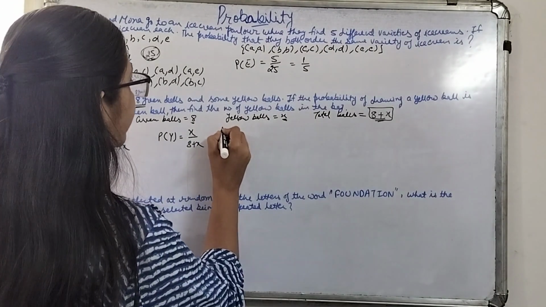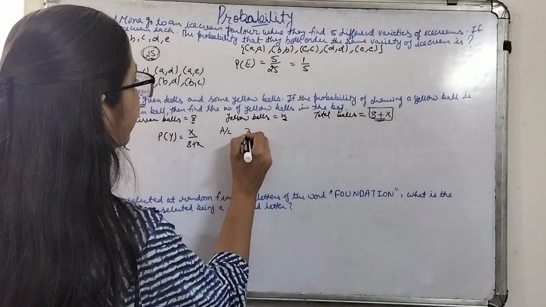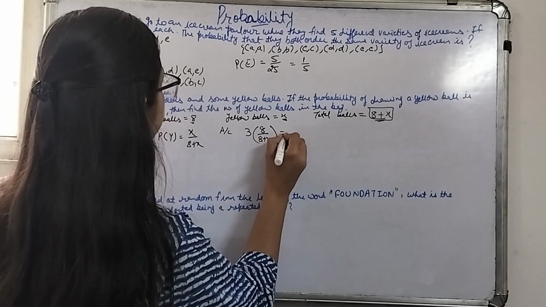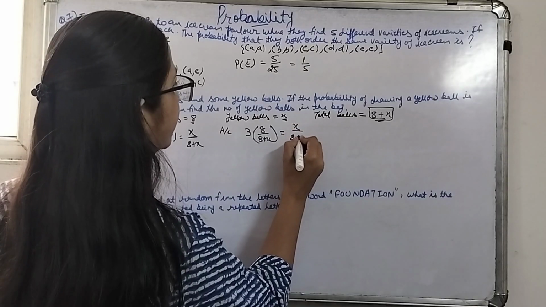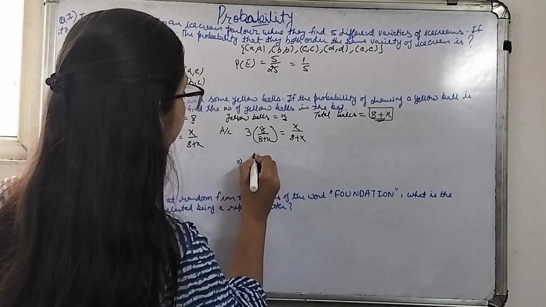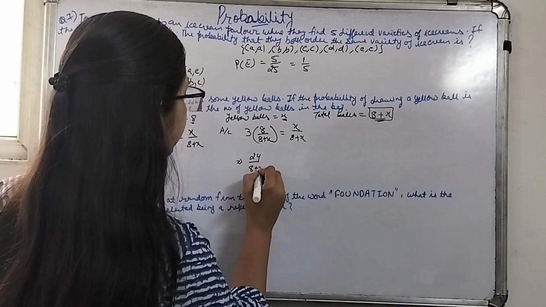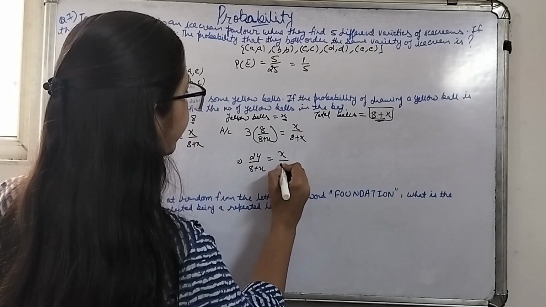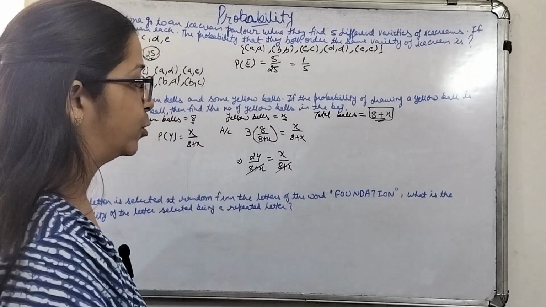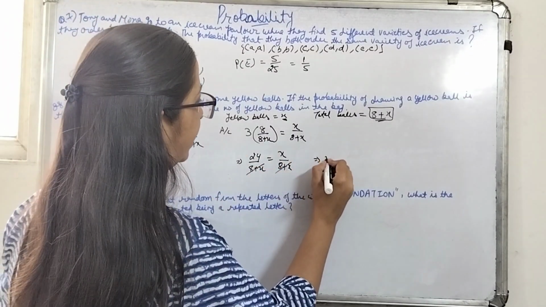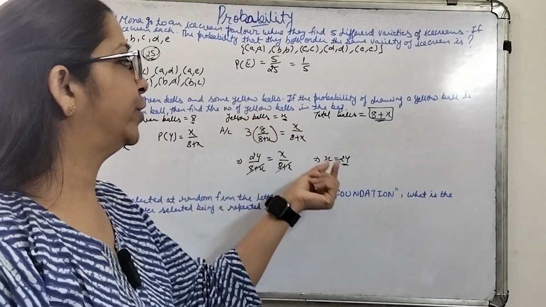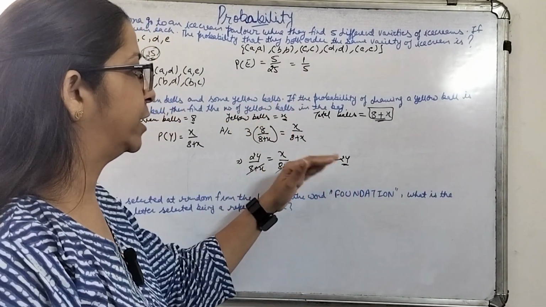So according to the question, 3 times 8 upon 8 plus x is equivalent to x over 8 plus x. Now if we multiply, 8 3s are 24 over 8 plus x is equivalent to x upon 8 plus x. This 8 plus x could be cancelled, both are the same. That simply means the value of x is 24. That means we are having 24 yellow balls. This is how we can find it out.